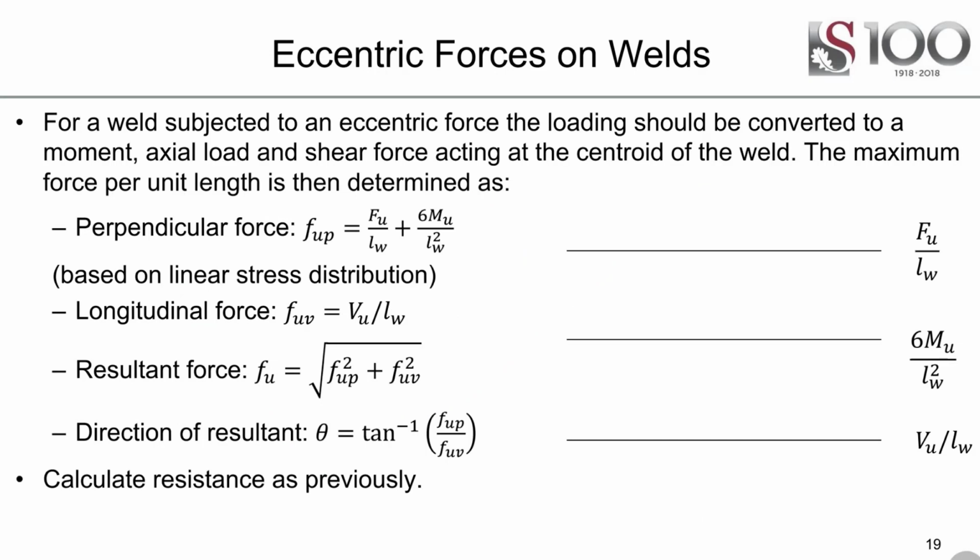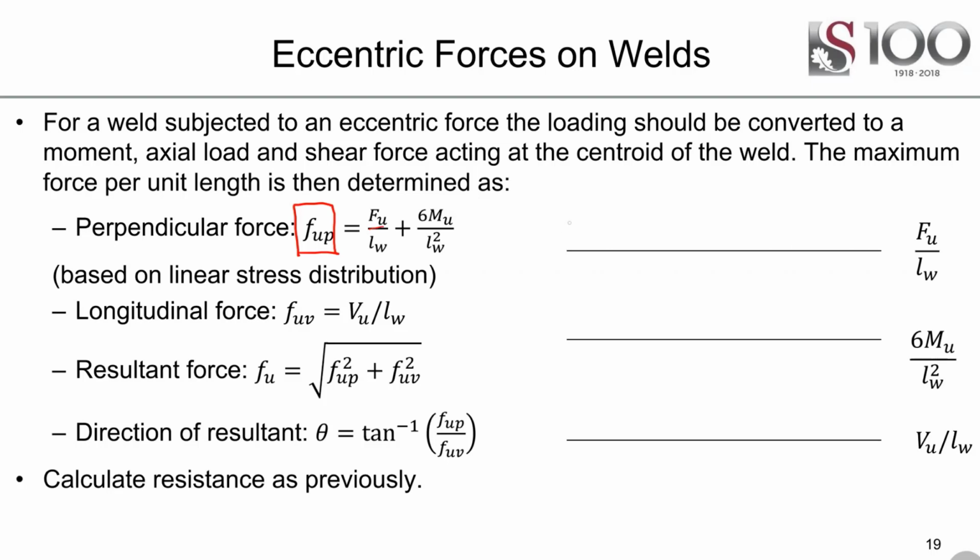For a weld subjected to an eccentric force, the loading should be converted to a moment, axial force, and shear force acting at the centroid of the weld. So, for instance, if you want to calculate these stresses, the perpendicular stress, you have firstly a vertical force, F, divided by LW.